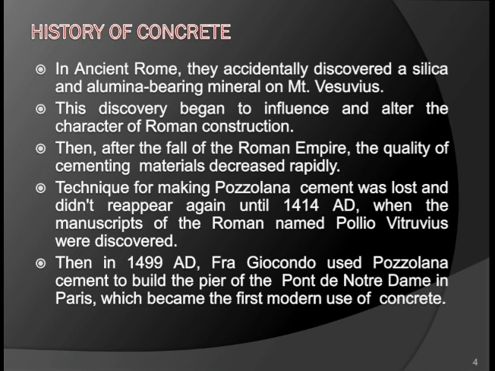In ancient Rome, they accidentally discovered silica and alumina minerals on Mount Vesuvius, and this discovery began to influence and alter the character of Roman construction. But day by day, after the fall of the Roman Empire, the quality of cementing material decreased rapidly, and this discovery became lost.